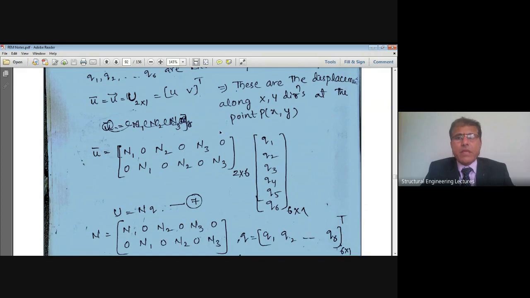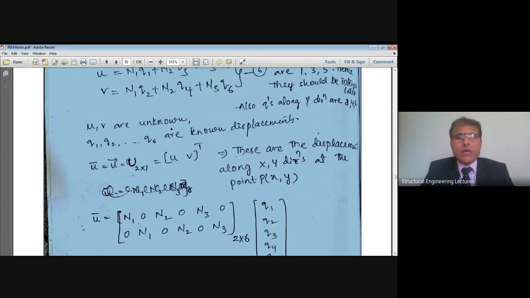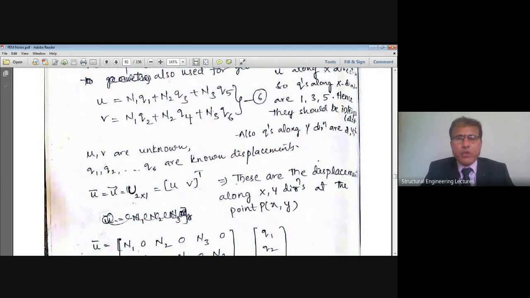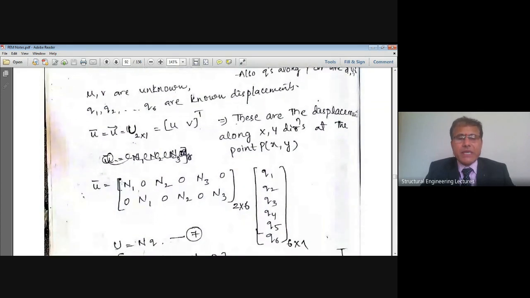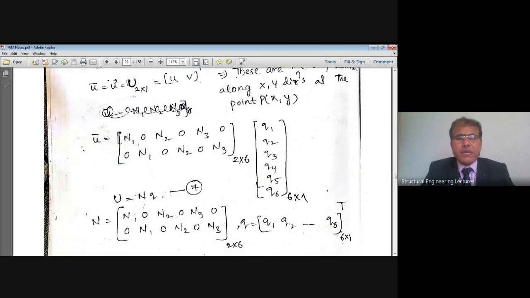Then also the above equation, the sixth equation, can be written in terms of matrix multiplication as N1 multiplied by q1, 0 multiplied by q2, because q2 is the displacement in y direction, right? It will not be used to interpolate the displacement in x direction, right?